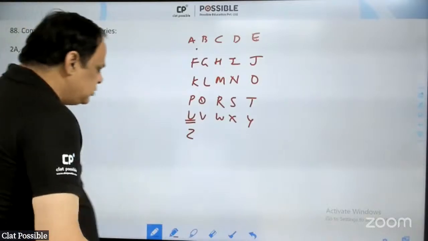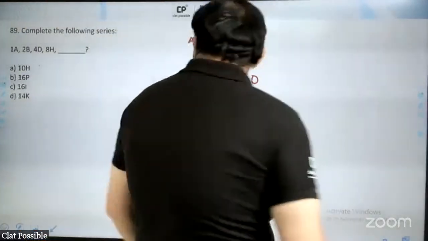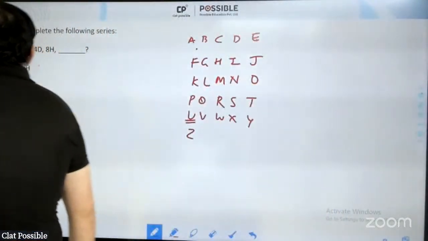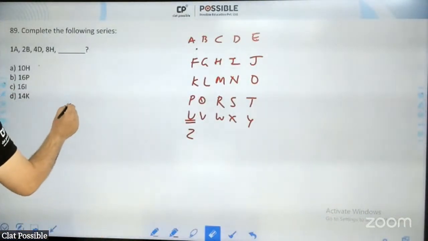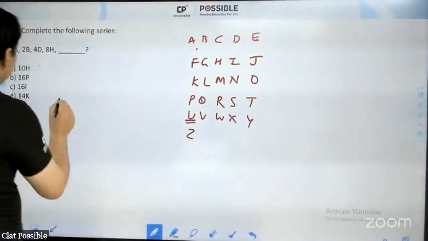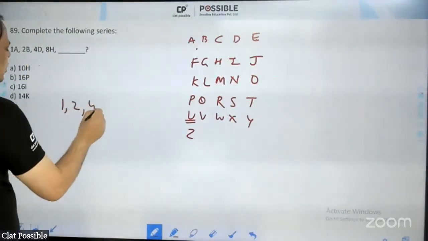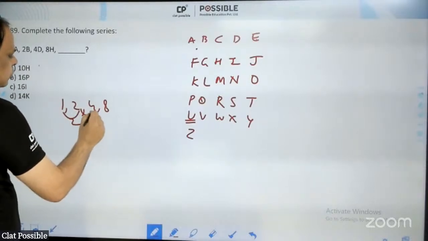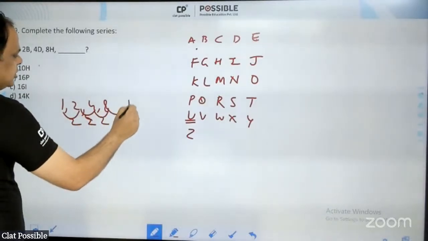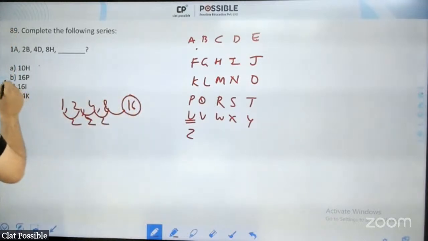Okay, let's move to the next one. So 1A, 2D, 4D, 8H. If you focus on the numbers, 1, 2, 4, 8, again the numbers are getting multiplied by 2. 4 to the 8, 8 to the 16 should come. With 16 you have two options, P and L. So what should come?